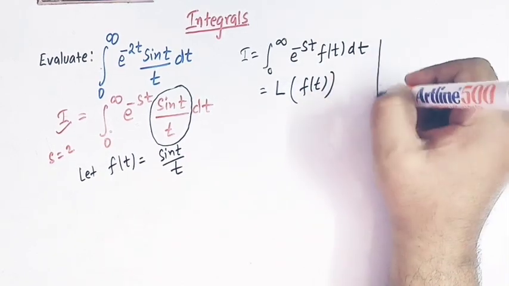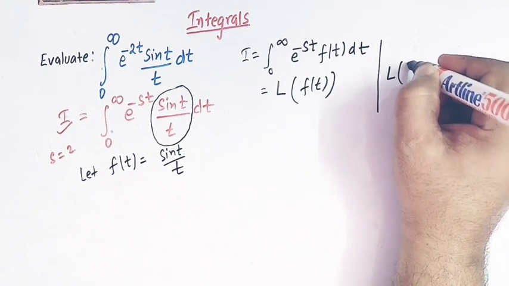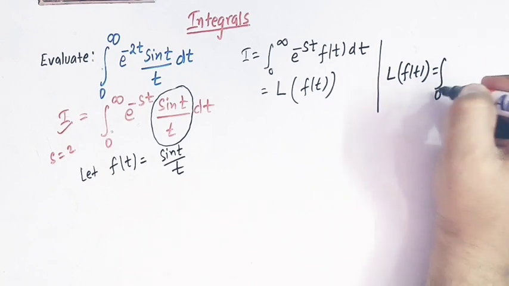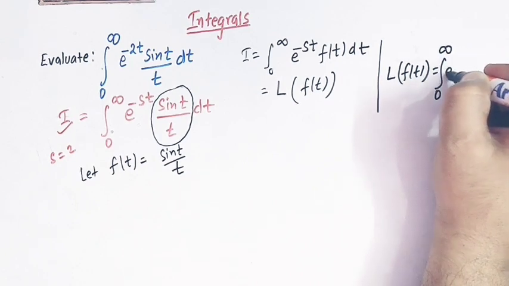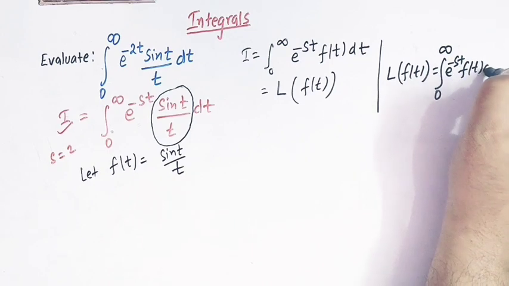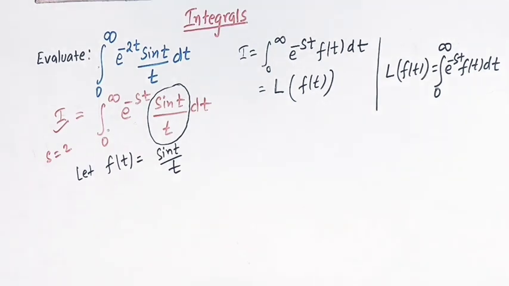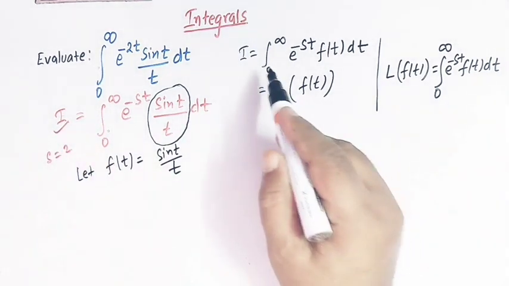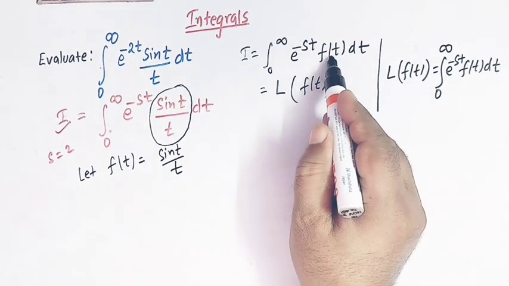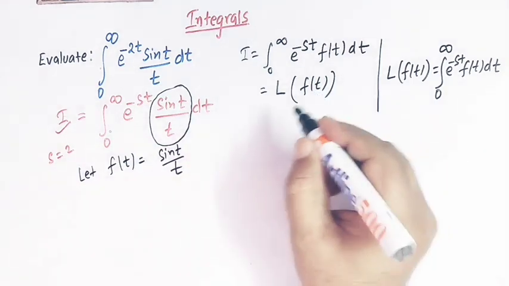Because we know that the Laplace transform of some function, say f of t, is given by this integral, that is 0 to infinity e raised to minus st f of t dt, right? So this integral I is now reduced to the Laplace transform of this function f of t, which is sine t over t, right?